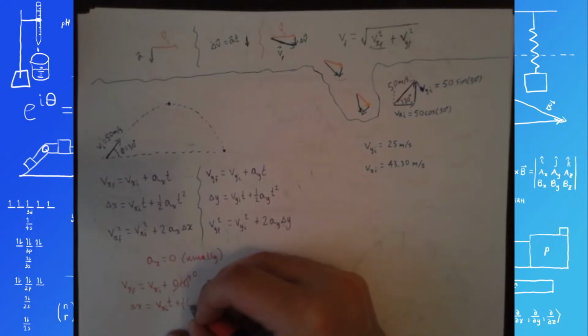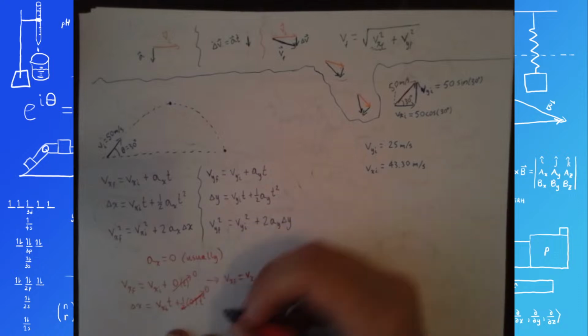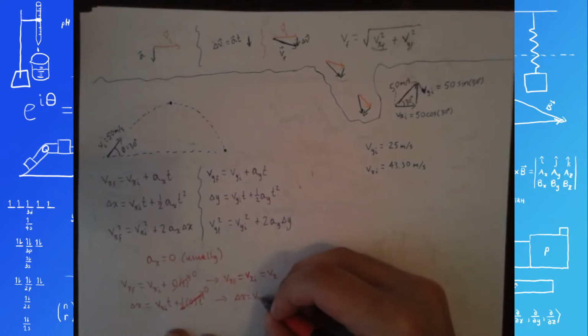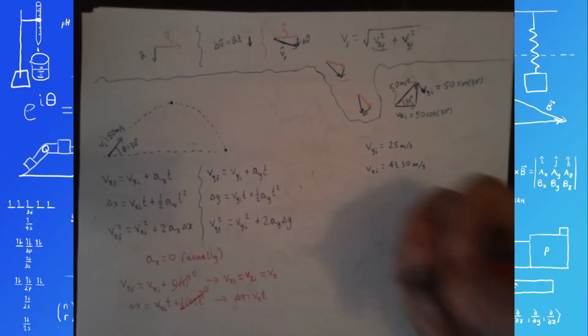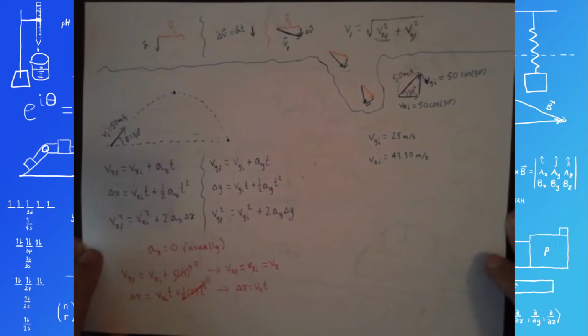Plus 1/2 times 0 times t squared. Okay, that's all gone. This whole thing just goes to 0. And that leaves me with delta x equals Vx initial times t, or just Vx times t. Since again, initial versus final doesn't really make a difference for the x direction.